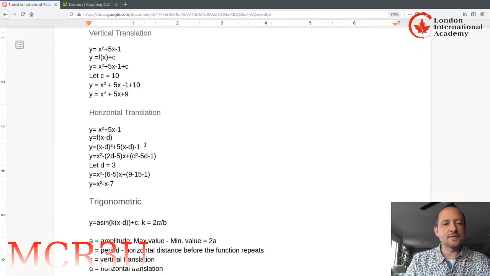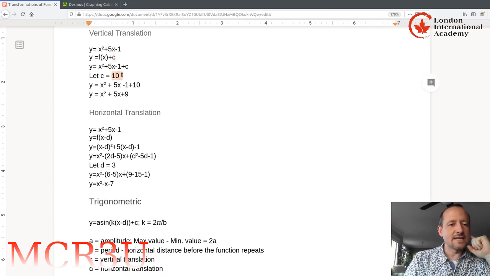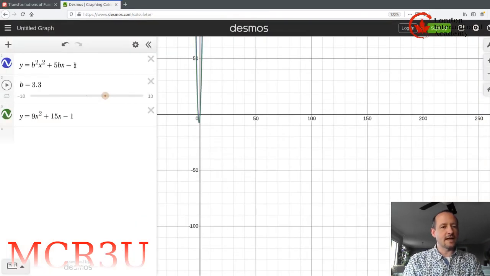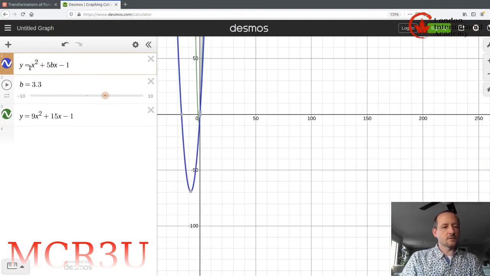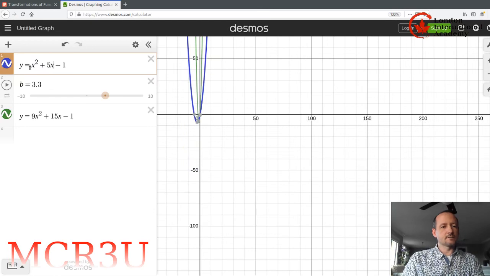This one is perhaps the easiest because we just add c. So in this case, we are going to add 10. And we just move it up or down. So I'll take the original function and I'll just add a c. So let's go back here and we'll call this one x squared plus 5x minus 1 plus c.